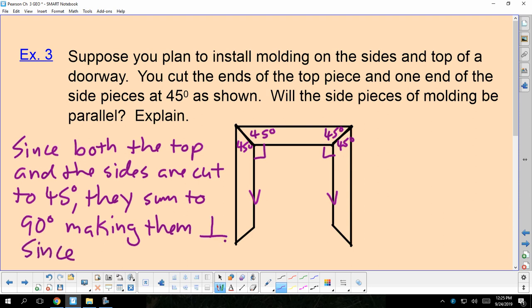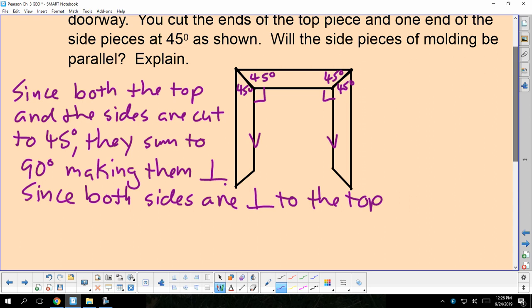Since both sides are perpendicular to the top, they are parallel to each other.